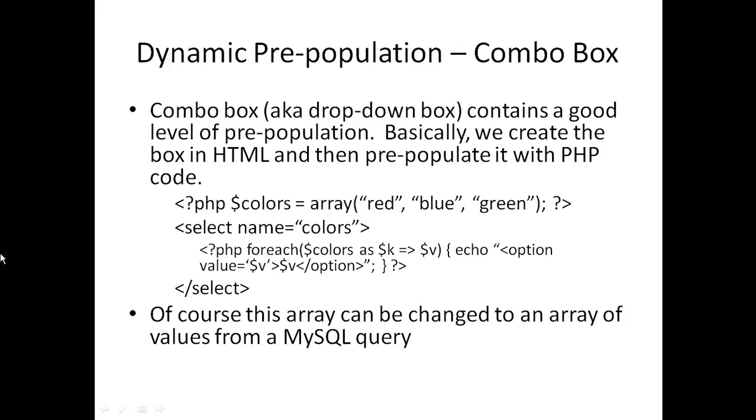So option value equals whatever the value is of the array, and then also use that as the text, and then close the option, and then close the echo. Close the foreach, just making sure that it's there, and then close the PHP tag. And of course, the array that we have here for colors can be changed to an array of values from a MySQL query.